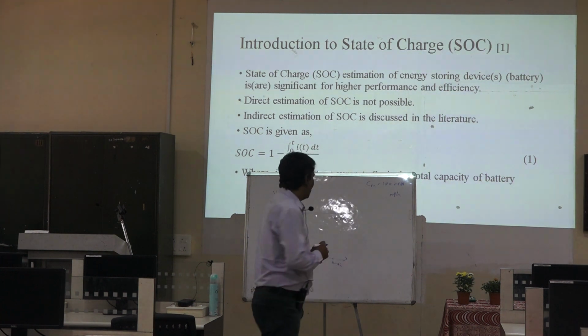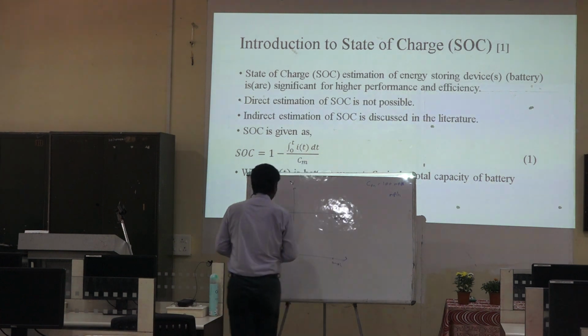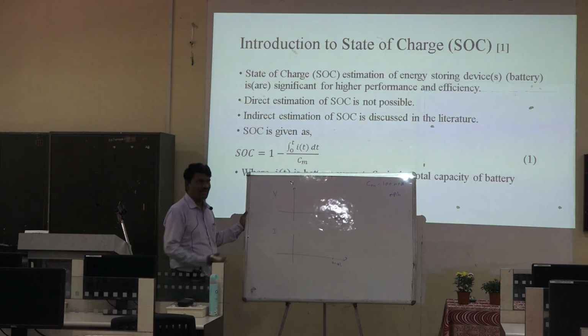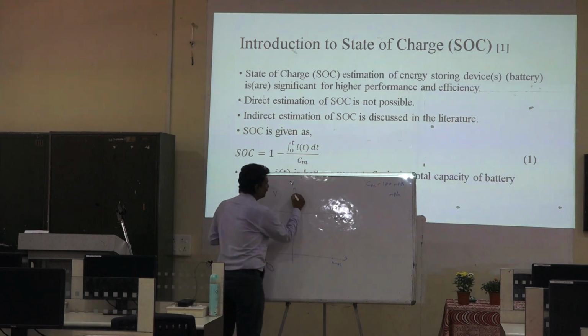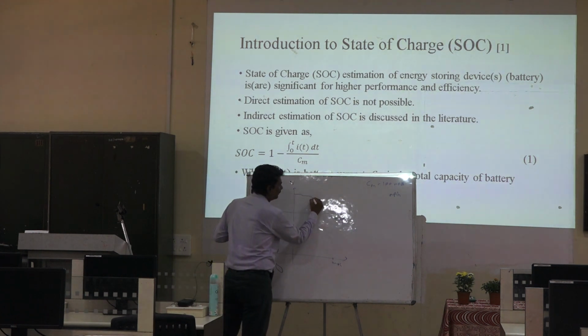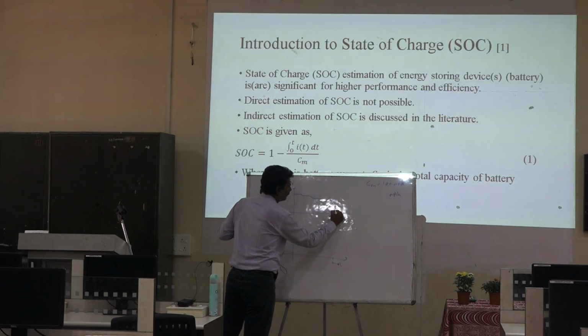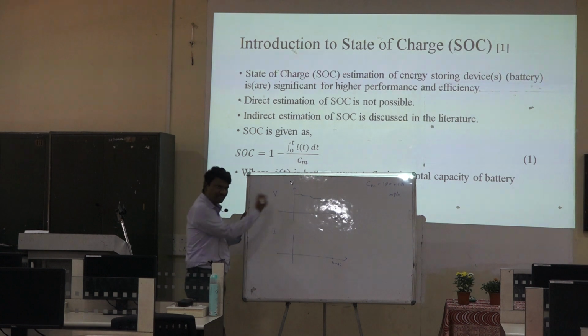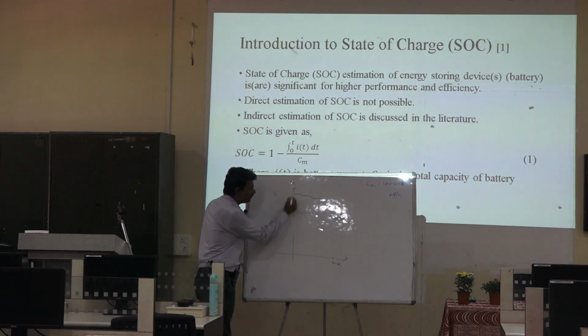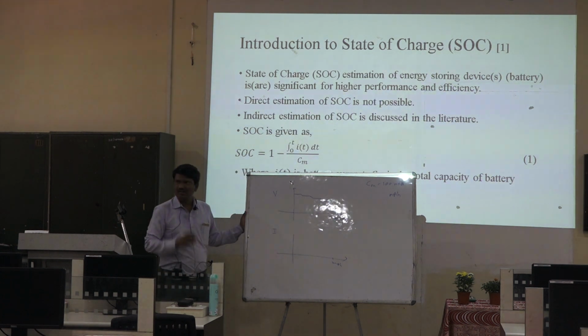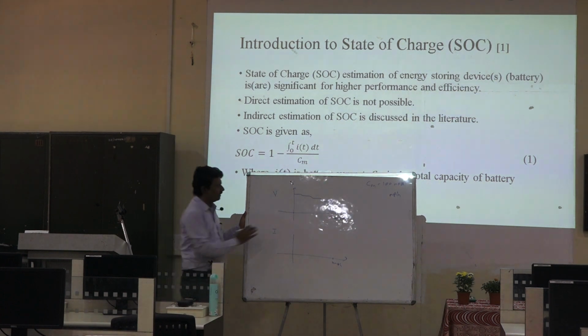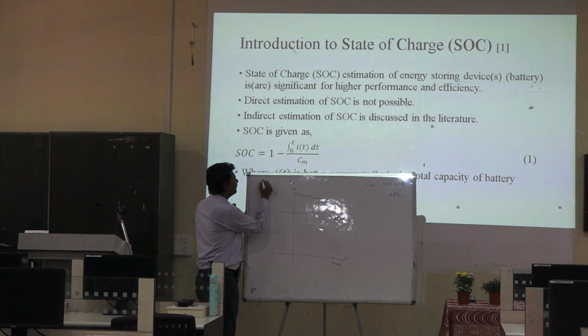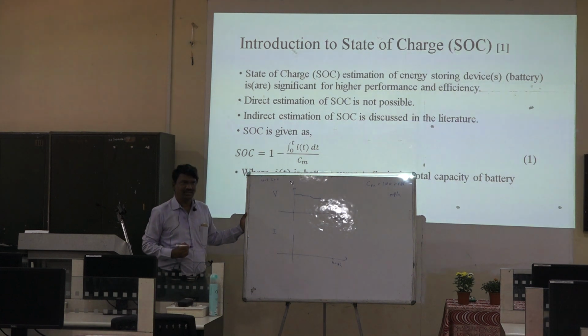Now, as we use the battery, we know that the voltage is going to decrease like this. It means that when I purchase the battery, at this point you observe it has full charge, so we can call it 100% SOC.